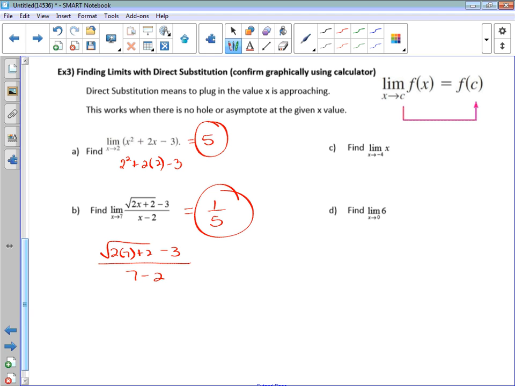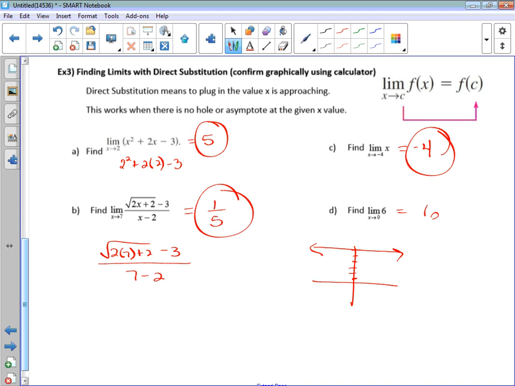What do you get? -4. Yeah, don't overthink the easy ones. Okay, what about D? This is the really easy one that everybody always messes up. 6, yes. Remember, this is like the graph of the line y equals 6. No matter what x approaches, what is your y value always going to be? 6. Right. All right, we like those, right?